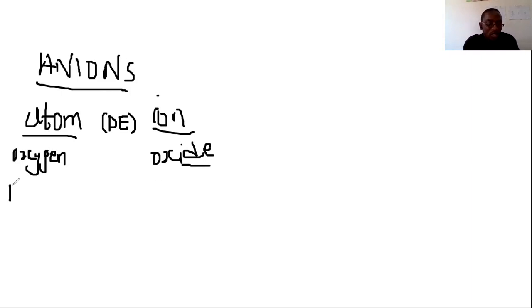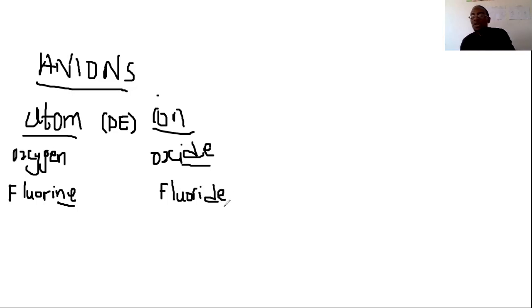What was called fluorine, when it gains an electron, the -ine changes to -ide, so it becomes fluoride. So the fluoride ion is different from the fluorine atom. These are atoms, and on the right side you have what we call ions.